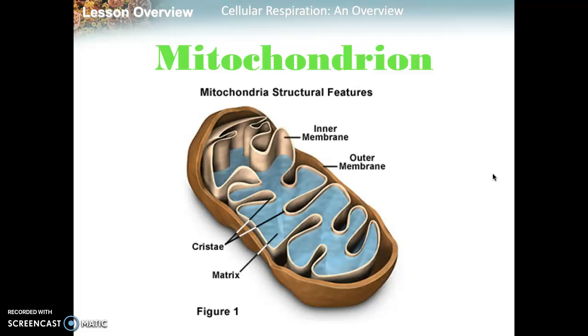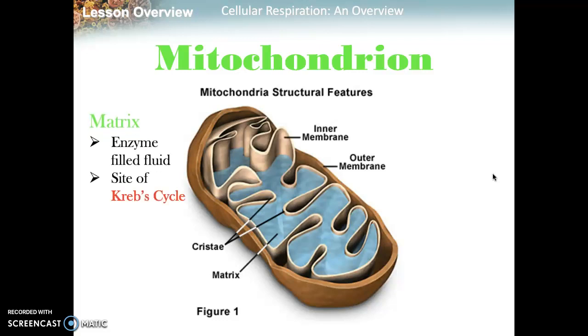The cristae are the folds of the inner membrane. And then we have the matrix, which is the fluid portion inside that inner membrane. We'll talk about how different parts of the cellular respiration process occur in the cytoplasm, in the cristae, and in the matrix as we go along.